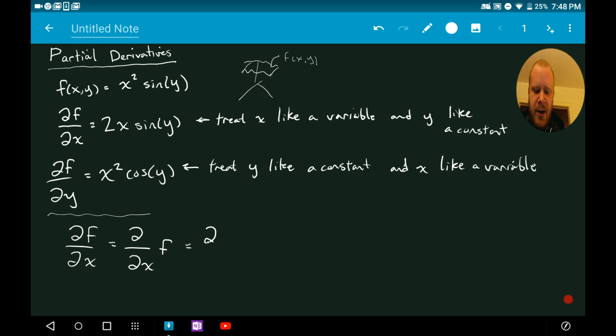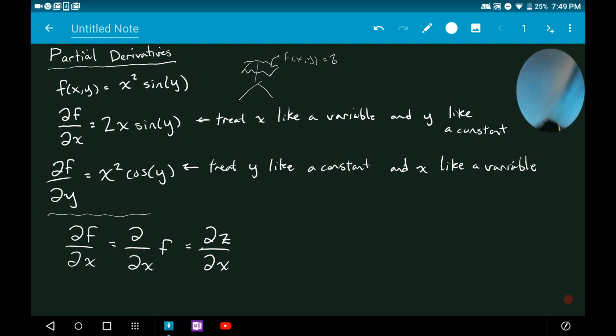So we can also write del z del x, as long as we make that distinction, if we just set f of x, y to some variable z. So yeah, those are the ways that we want to think about this. You're either performing an action, taking the partial derivative with respect to x, or you're seeing how, and this is really the way we want to think about it, how is z changing as we move along the x direction?